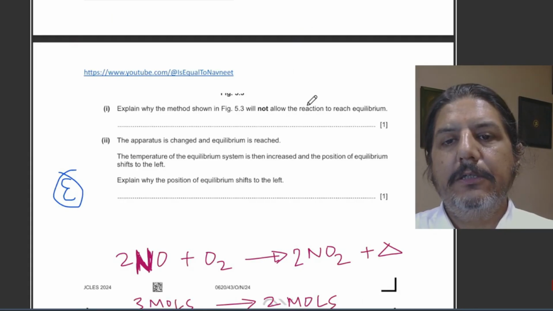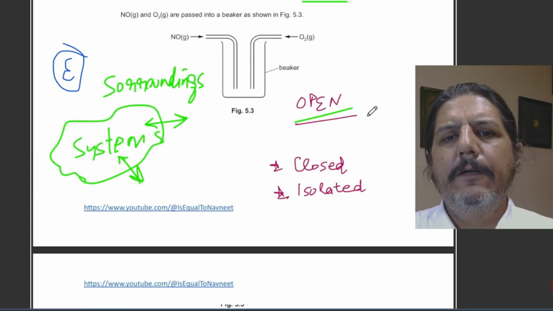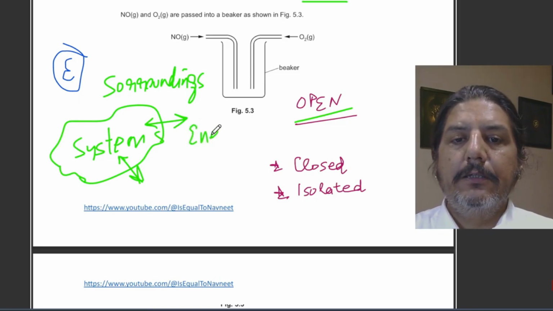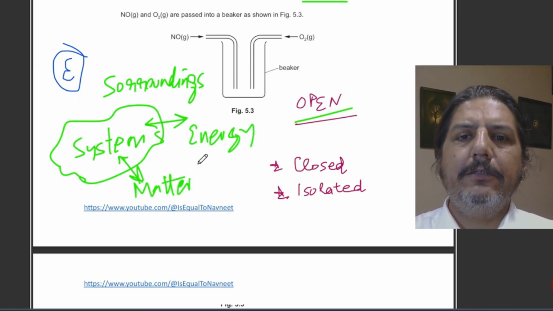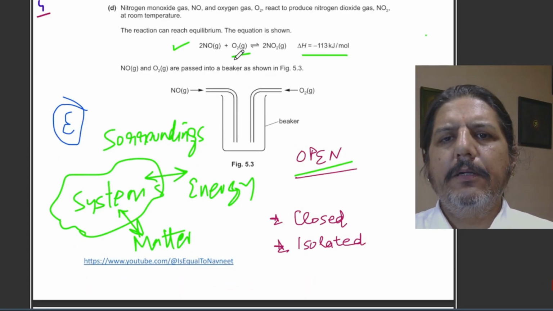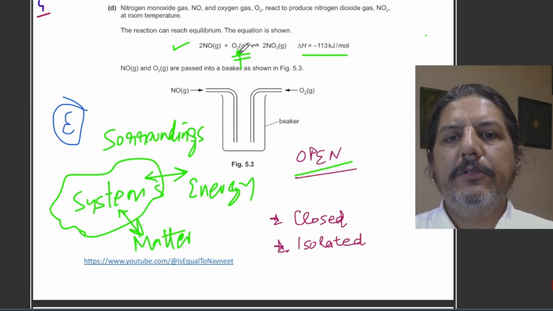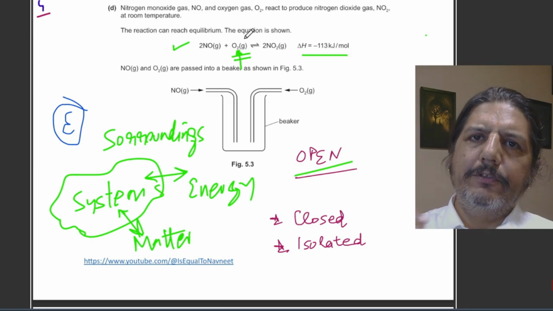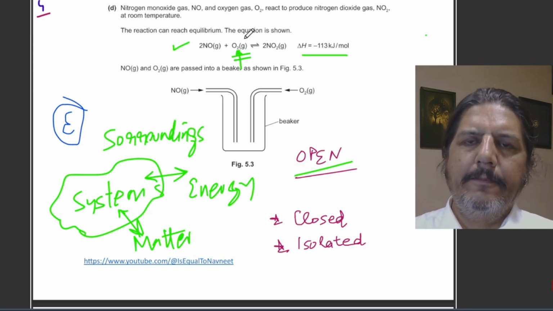So explain why a beaker does not allow the reaction to reach equilibrium. The energy exchange is okay, but you can't have matter exchange. And why can't you have matter exchange? Again, due to Le Chatelier's principle. Because it's an open system, as oxygen gets used, more and more oxygen is available from the environment.